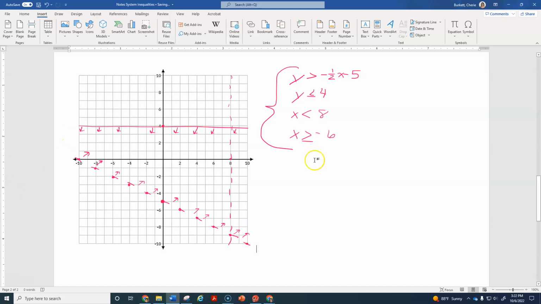And the inequality is less than, so for less than I go left. If I was shading everything, I would shade everything to the left of this line.